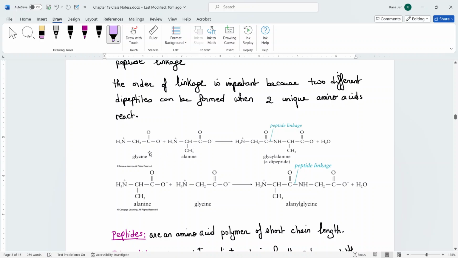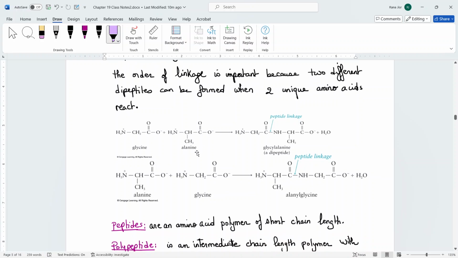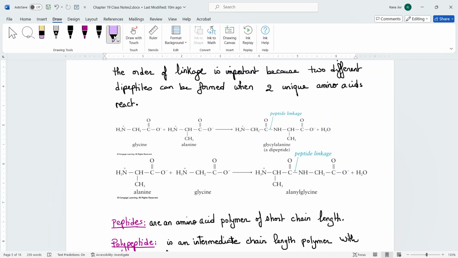All you need to do is go to the table, write the structure of glycine, write the structure of alanine, but always make sure that the amino group is to the left of every single amino acid. And the reaction simply goes as such.